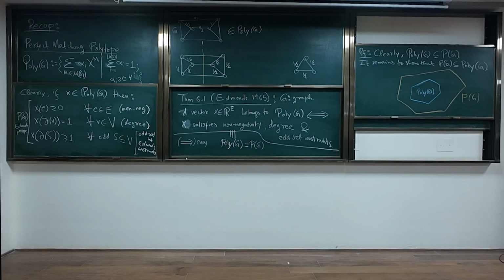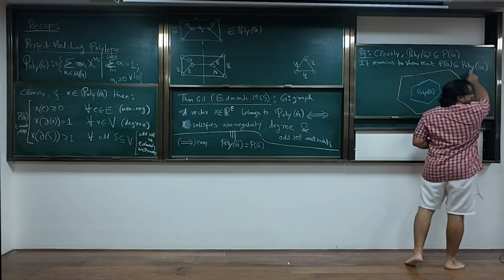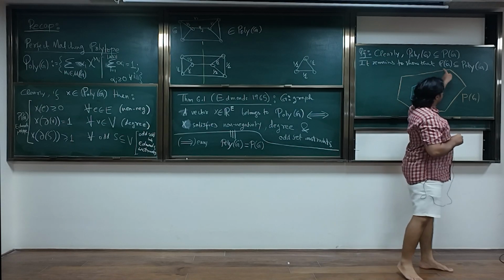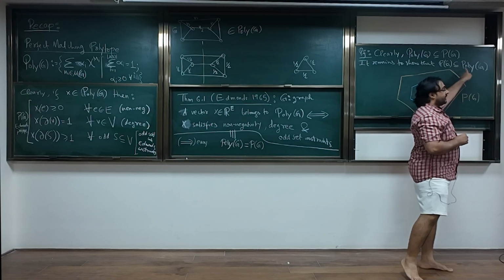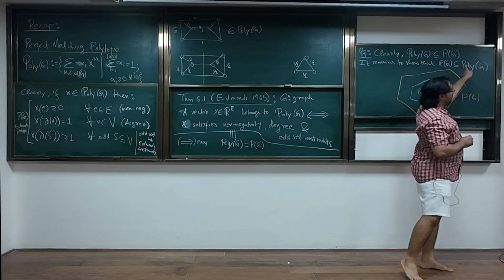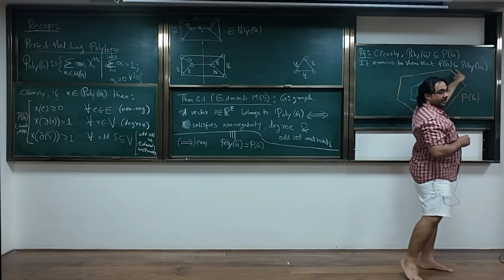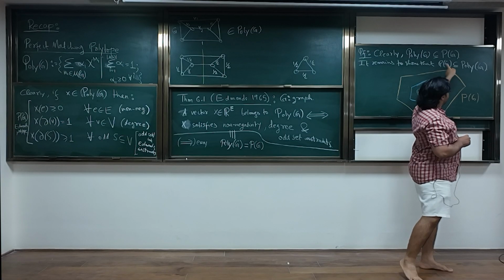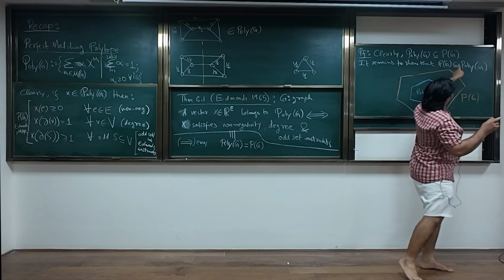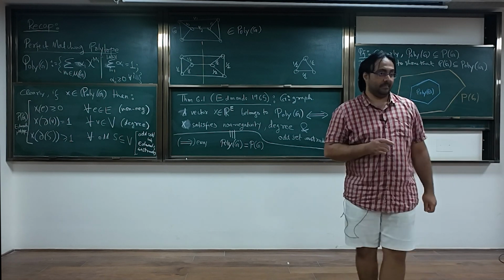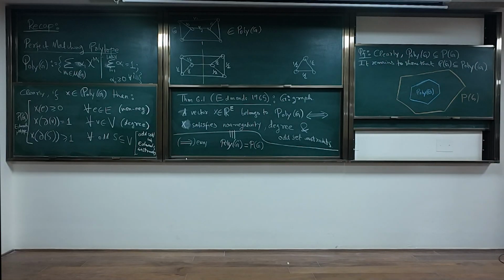So if we argue that the extreme points of this fellow are contained in this, then we are done. In other words, if this containment is strict, then there is an extreme point of this fellow that is not here. Because if all the extreme points are here, then all the points are here. Let me write it down.